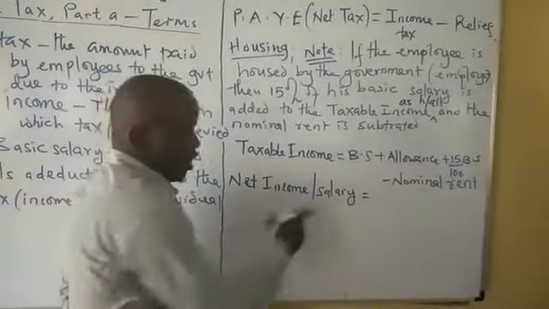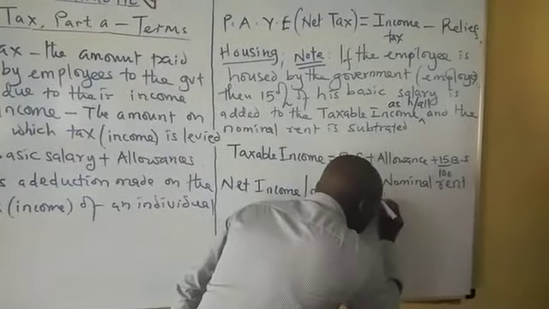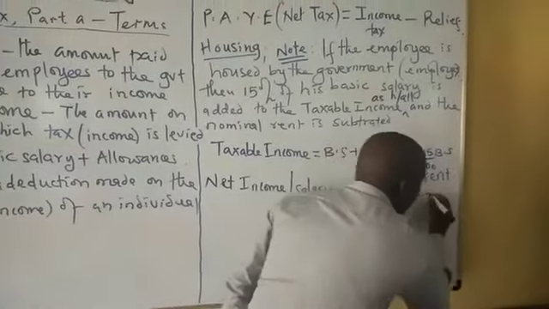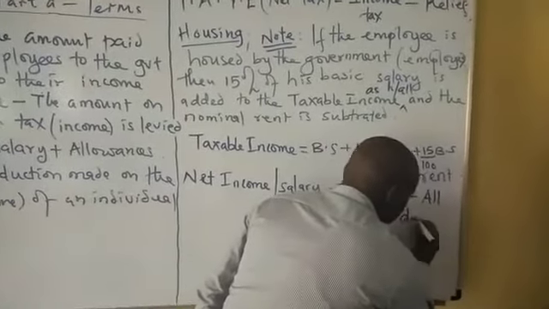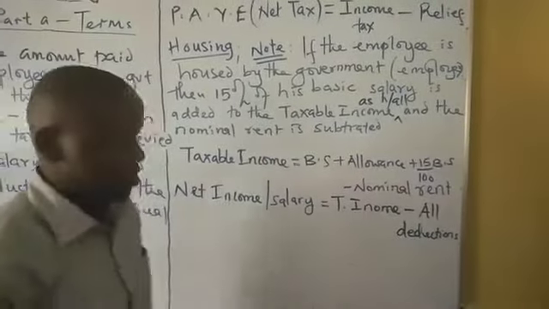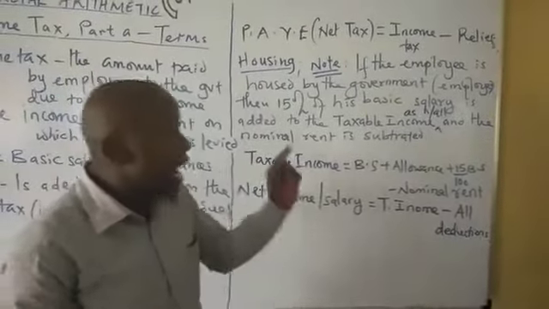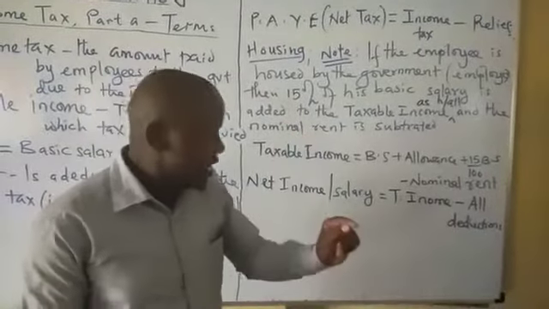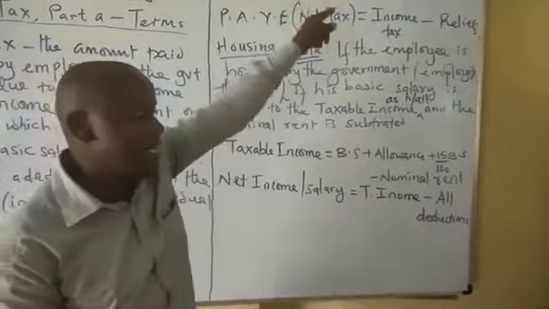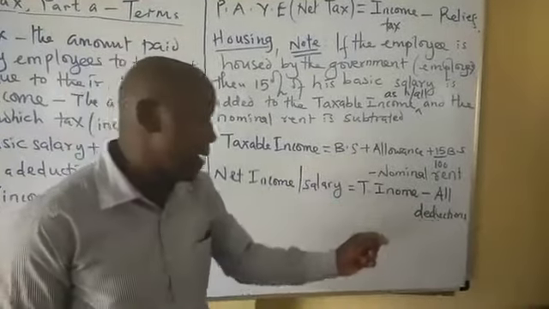Therefore, the net salary of an employee is gotten by taking the taxable income minus all deductions. Therefore, you may find, apart from someone paying the payee, which is the tax by the government, he might be paying other things at the end of the month.